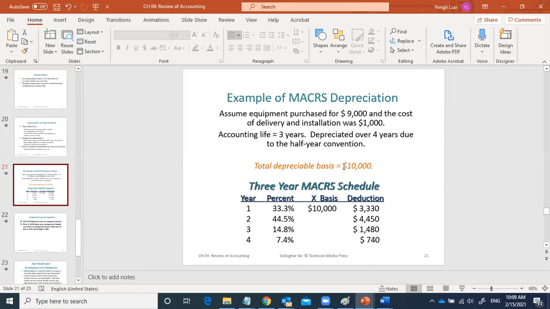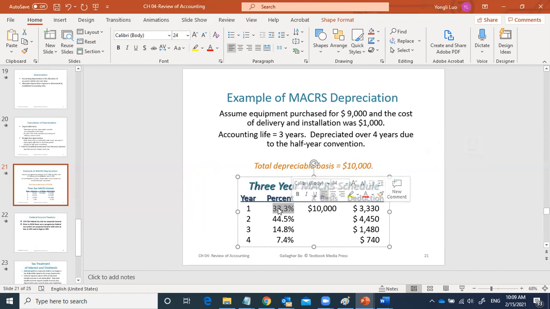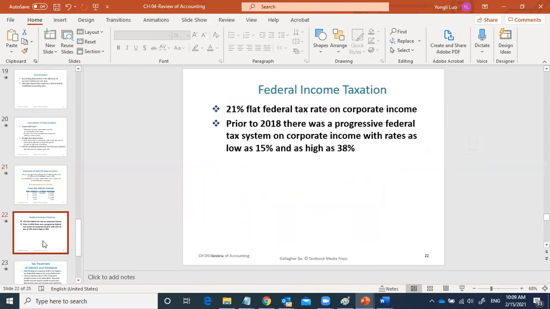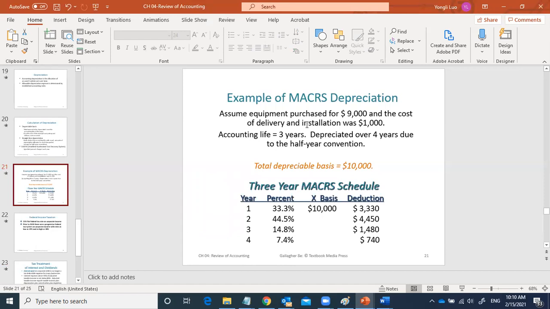The depreciable basis is 9,000 plus 1,000, which is 10,000. Depreciation in the first year is 33.3% times that number, and in the second year they depreciate 44.5%. So that's the depreciation.